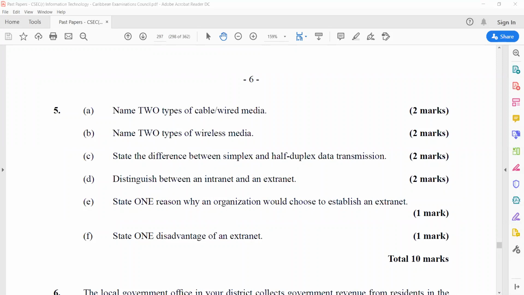The intranet means that only persons within an organization can connect. They should be specific about that. It is computer network sharing within an organization, right? Okay, and state one reason why an organization would choose to establish an extranet.